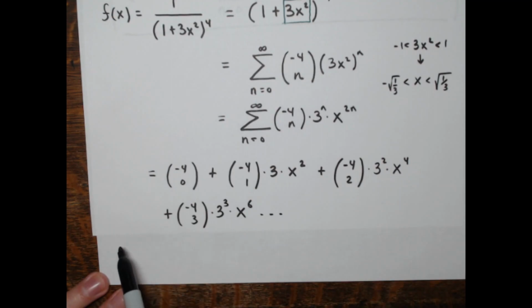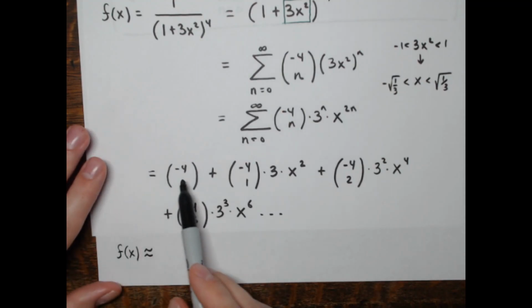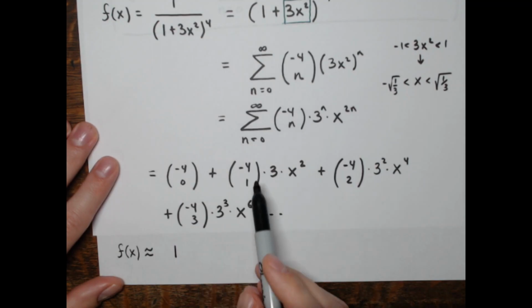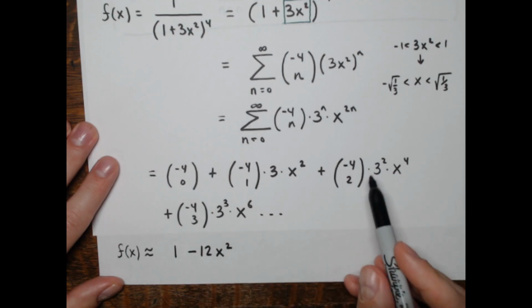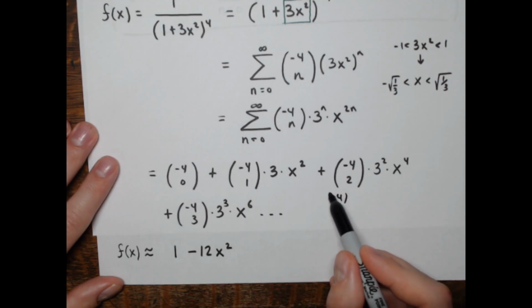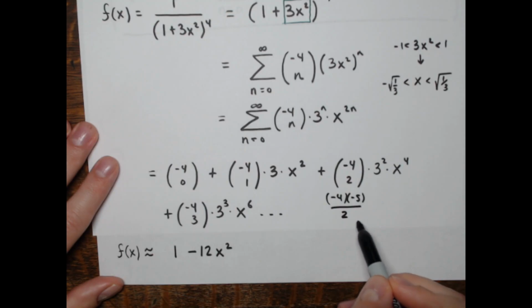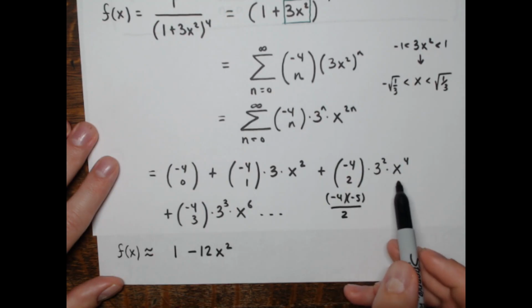Now, if we just stop it there, we're going to say f of x is approximately, I'm not using equals, approximately just out to the sixth here. Now, negative 4 choose 0 is 1. Negative 4 choose 1 would be negative 4 times 3 would be negative 12, so minus 12x squared. Negative 4 choose 2 would be negative 4 times negative 5, decreased by 1, and then divided by 2 factorial. So that's 10 times 9, 3 squared is 9.